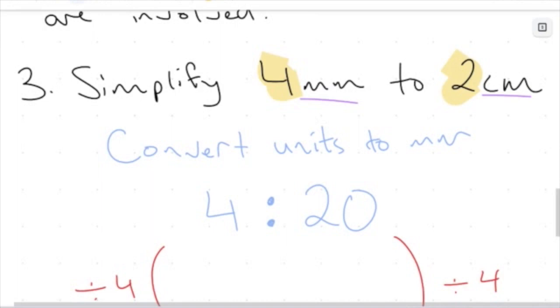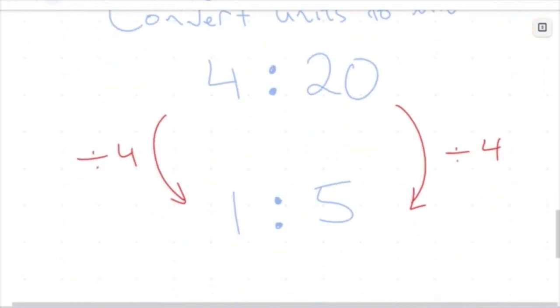And the great thing about these questions is it doesn't matter whether I converted to millimeters first or centimeters first, I'm going to get to the same answer. Let me show you. What if I instead decided to convert the units to centimeters?